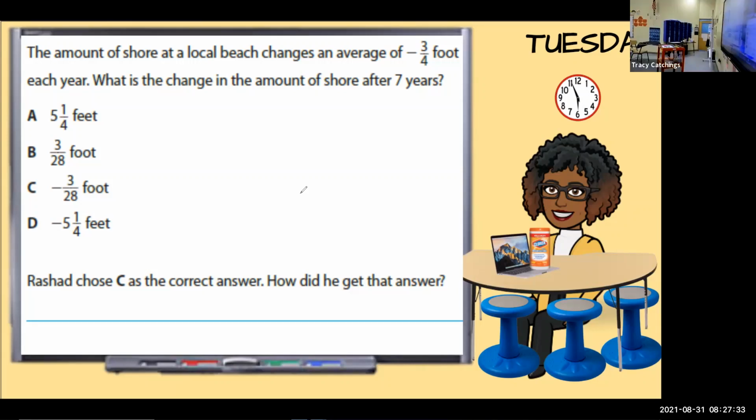Are you sure? And they told us it changes an average of negative 3/4 foot each year. So they gave us an average. And then they asked us how much after 7 years.